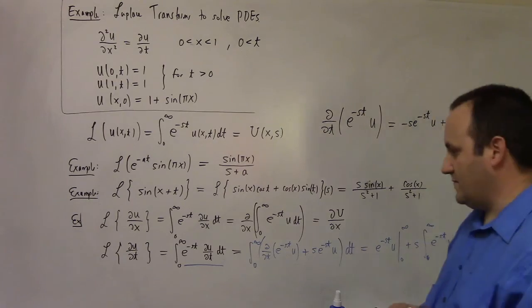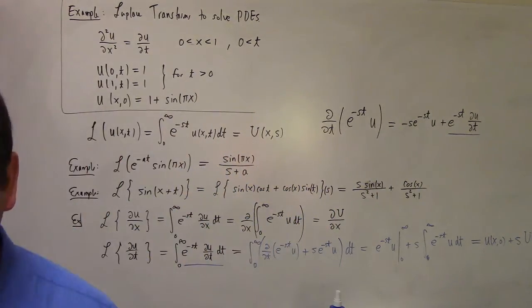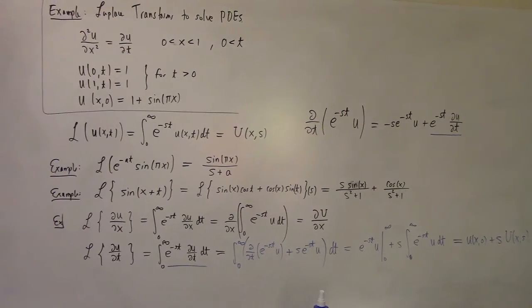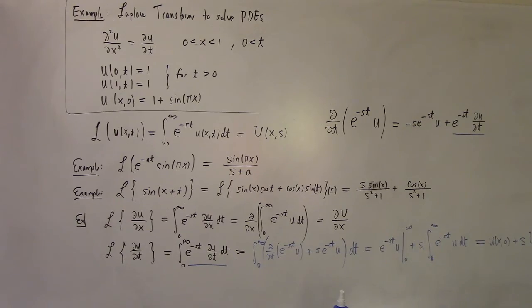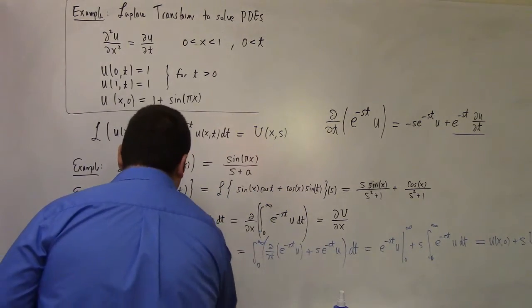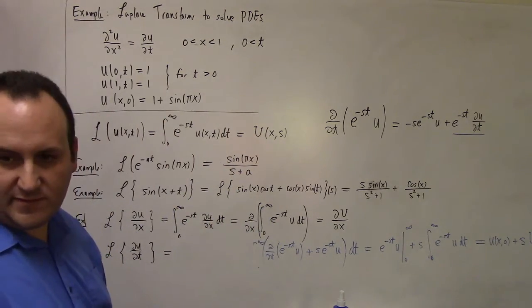Alright, so let me just make sure. Did I get it? I think I got it. So, let me just record the result here. Any questions? It's just integration by parts, the usual proof, right?